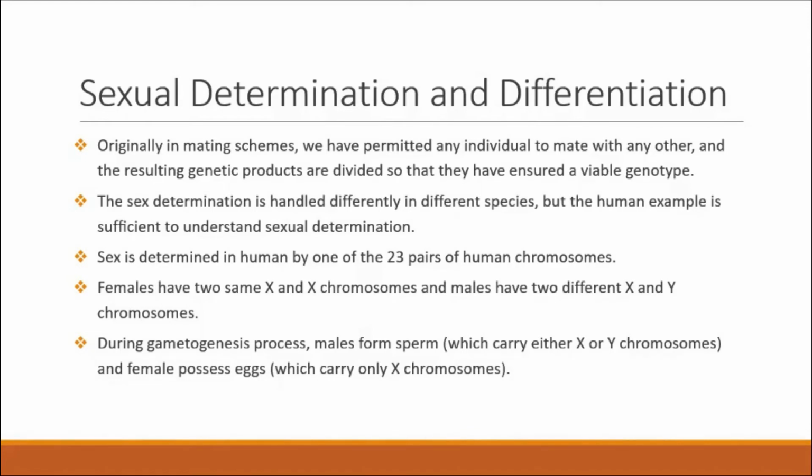In females, you might know that two same X and X chromosomes are there, but in males there is one X and one Y chromosome. So when mating happens, if X and X are joined together, then obviously the offspring will be a female, and if X and Y are joined together, then it is a male offspring. That is how the human reproduction system works.